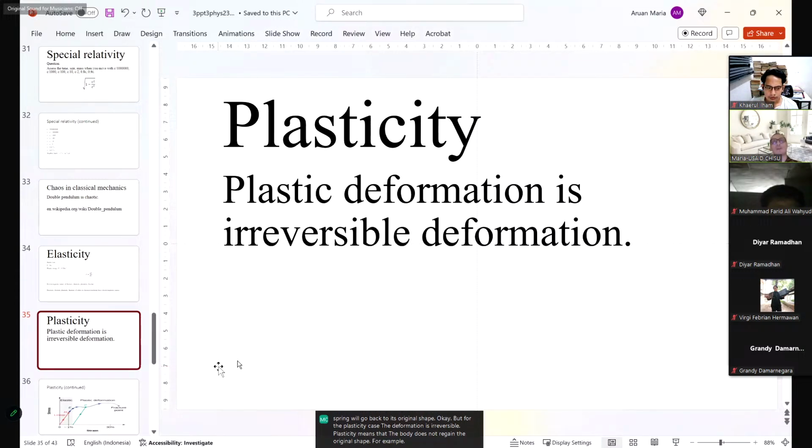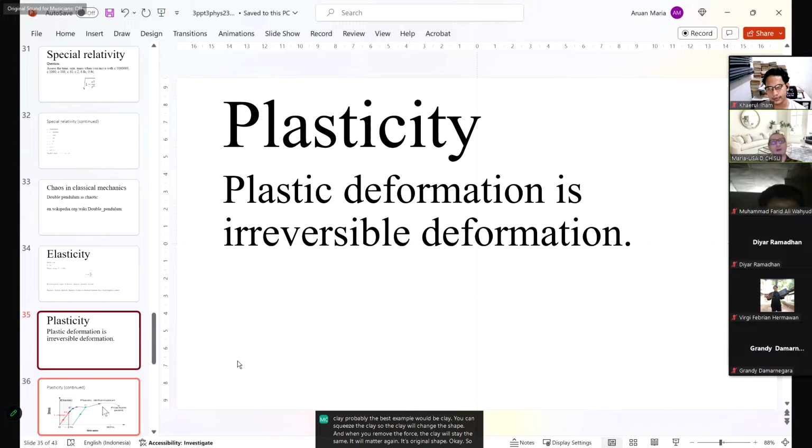For example, I take an apple, and I squeeze it, so I crush it. The apple will not regain the shape when I remove my force. So that is an example of plasticity. Or if you take clay, probably the best example would be clay. You can squeeze the clay, so the clay will change shape. And when you remove the force, the clay will stay the same. It will not regain its original shape, okay?